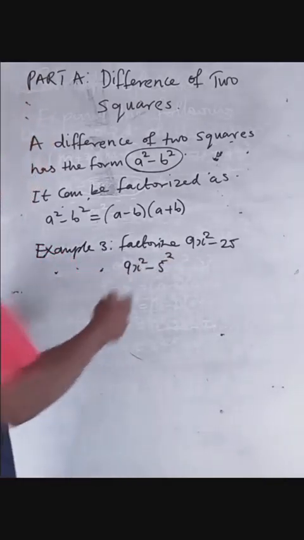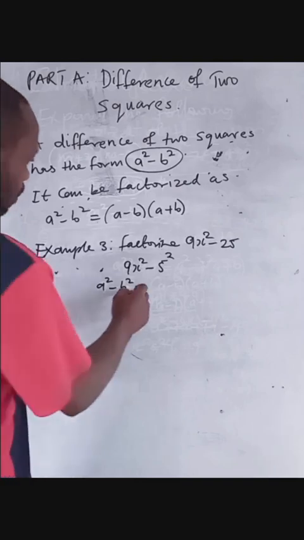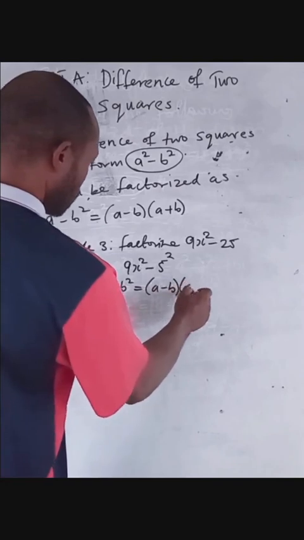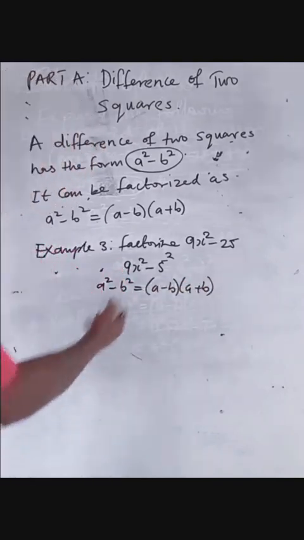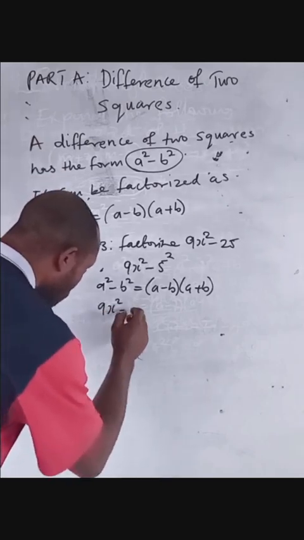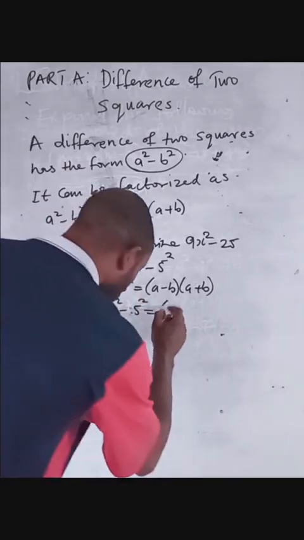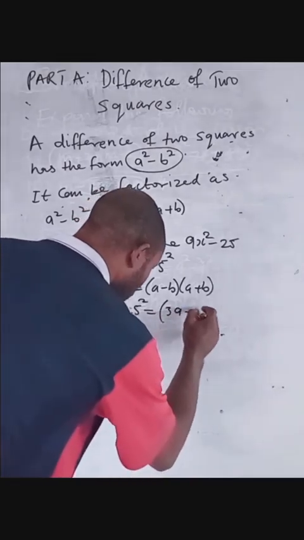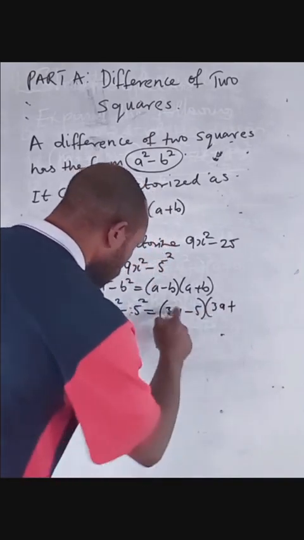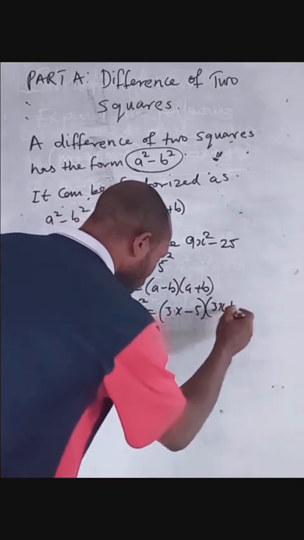So if we apply the form a squared minus b squared is equal to a minus b, a plus b, this expression is going to be 3x minus 5, 3x plus 5.